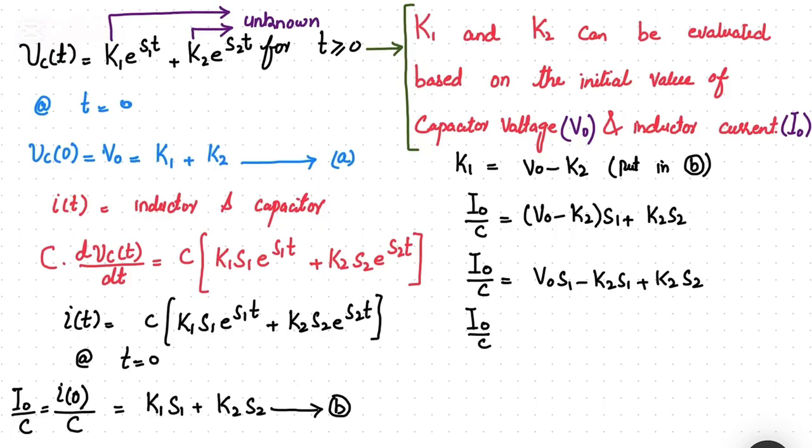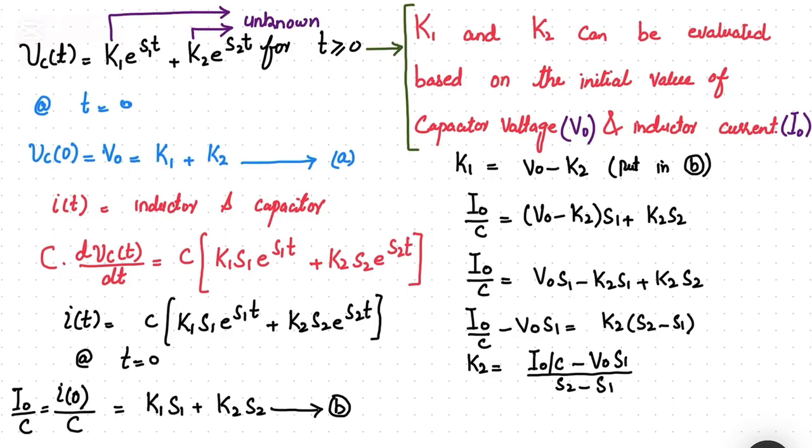So we can calculate K2 from here. Minus V0 S1 plus I0 over C is equal to K2, taking K2 common, times S2 minus S1. So K2 would be equal to I0 over C minus V0 S1, over S2 minus S1.